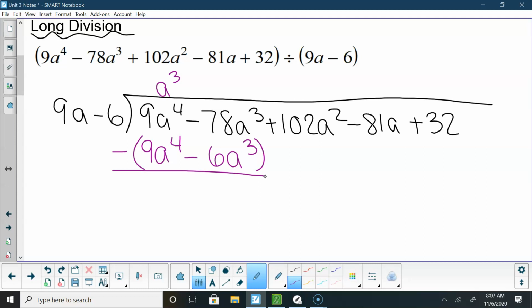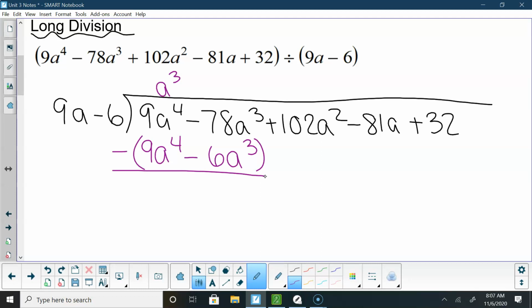So what happens with my 9a to the fourth? It cancels. That's exactly what I want. Now the 6, our annoying younger sibling, I have to take that with it. So I have to make sure both of these terms are down here. Because this cancels, I'm left with negative 78a cubed plus 6a.